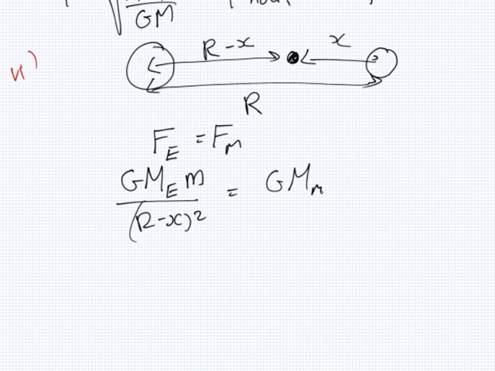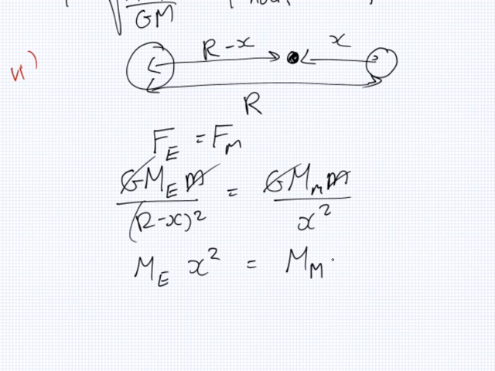Right, what was I saying? G mass of the moon, mass of the rocket over x squared. Cancel, flip both sides, or rather cross multiply. So it'd be ME times x squared equals MM times R minus x squared. Square root everything.